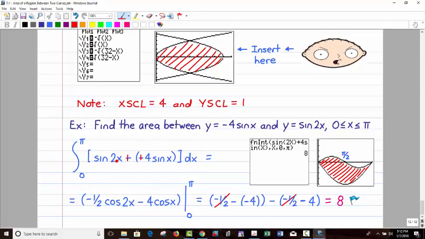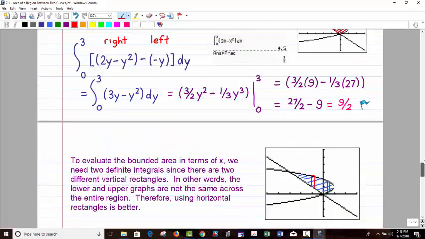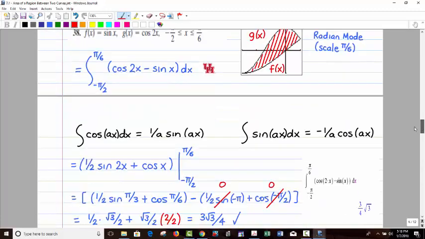So it's sine of 2x minus a negative 4 sine of x, which of course changes those to plus, 0 to pi. The antiderivative of sine of 2x, remember we saw that earlier up here. Like I said, if you learn these quickly, it makes your life much easier.